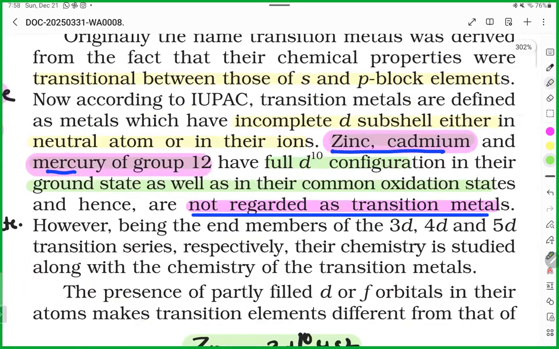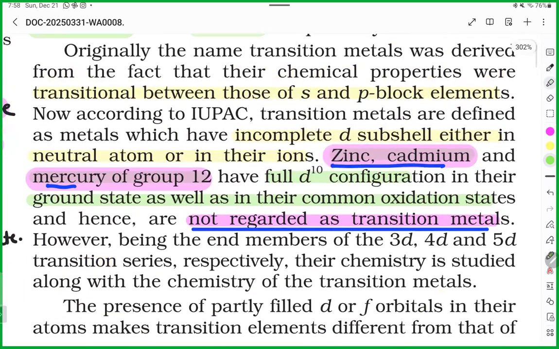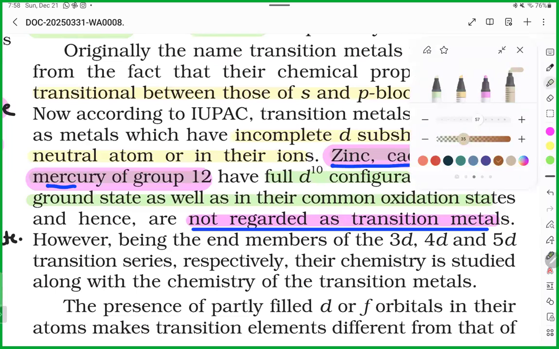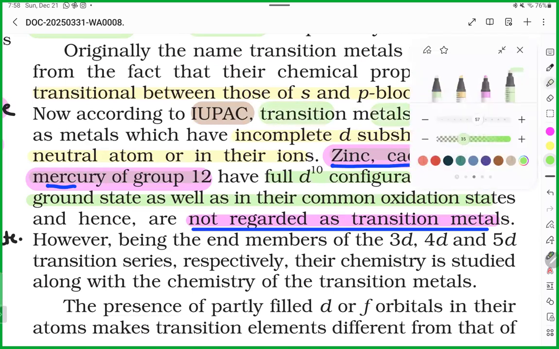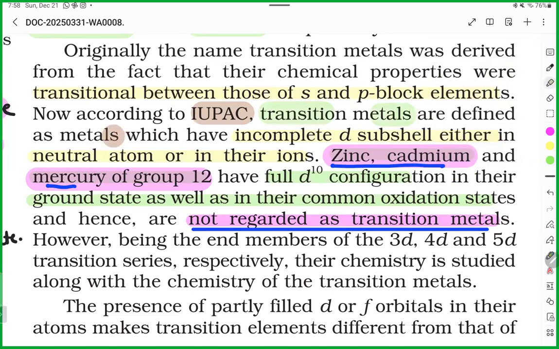Look at this definition now. Extremely important. Key. According to the IUPAC, what are transition elements? Transition elements are defined as metals that have an incomplete d subshell either in the neutral atom or in its ion.